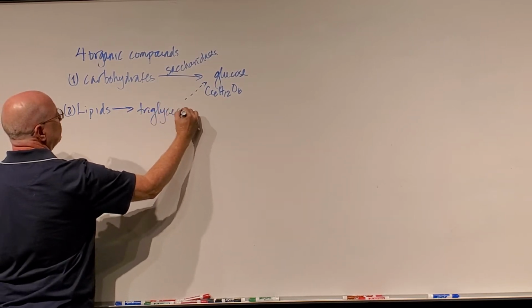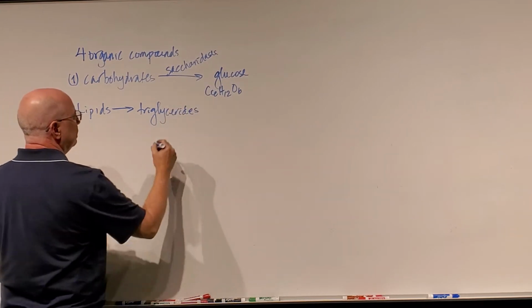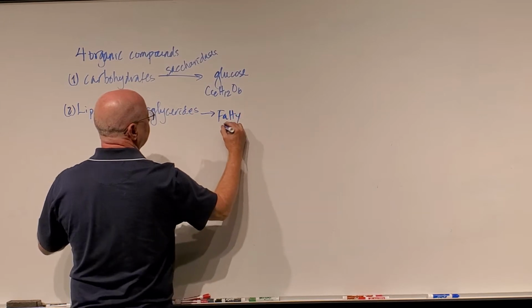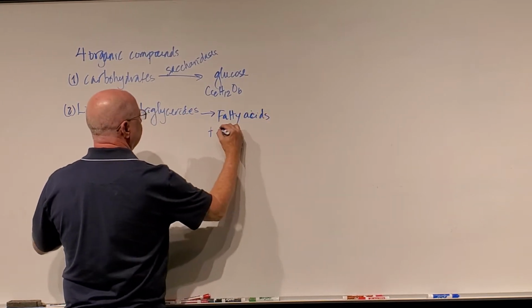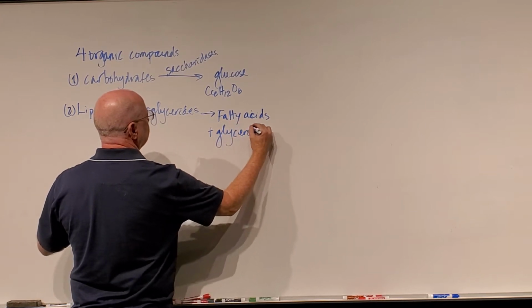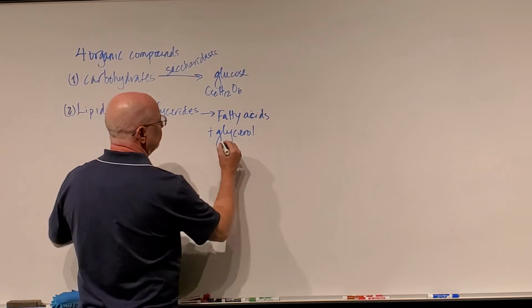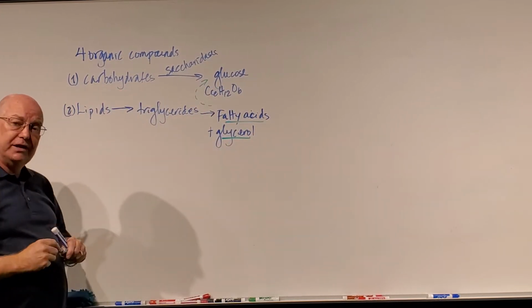There's a certain class of lipid molecules called triglycerides. And then the triglycerides can be further digested into fatty acids plus glycerol. And these two compounds, the fatty acids and glycerol, can be converted into glucose if necessary.